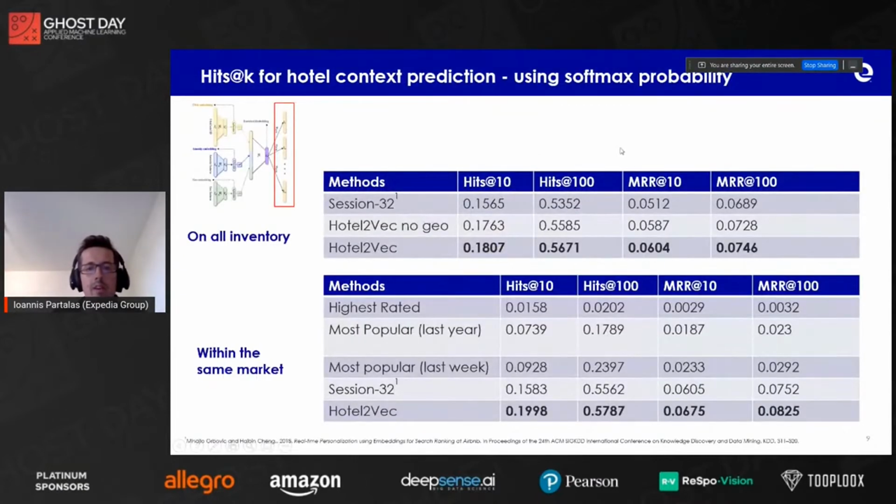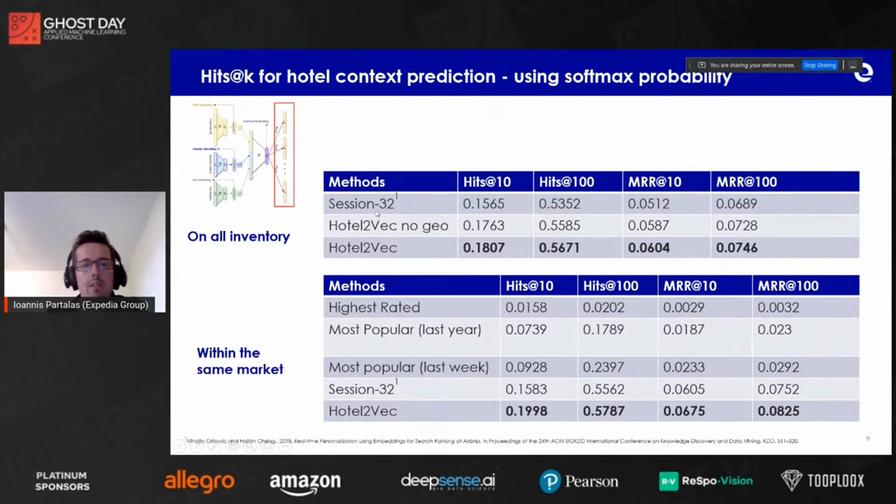So in our first experimental part, basically we compare against some baselines, which are the highest rated and the most popular. Highest rated is based on the guest rating, right? The most popular hotel last year based on bookings, and the most popular based on last week.